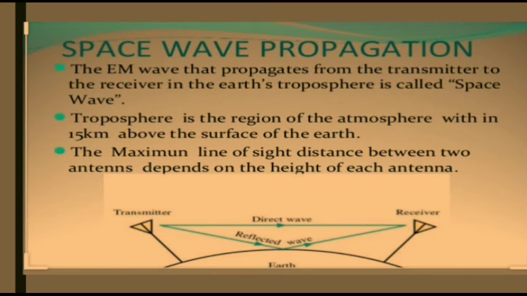See the last information. The EM wave that propagates from the transmitter to the receiver in the earth's troposphere is called the space wave. The troposphere is the region of the atmosphere up to 15 kilometers above the surface of the earth. And the last one, the maximum line of sight distance between antennas depends on the height of the antenna.